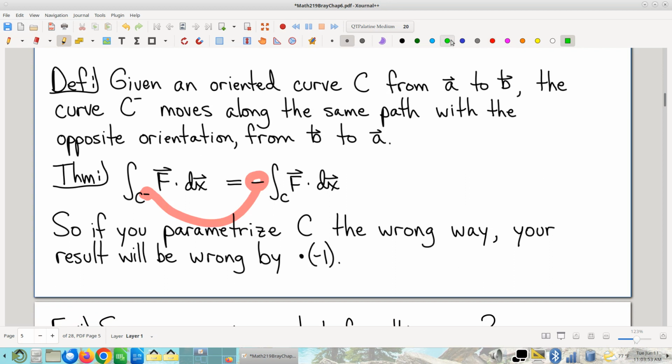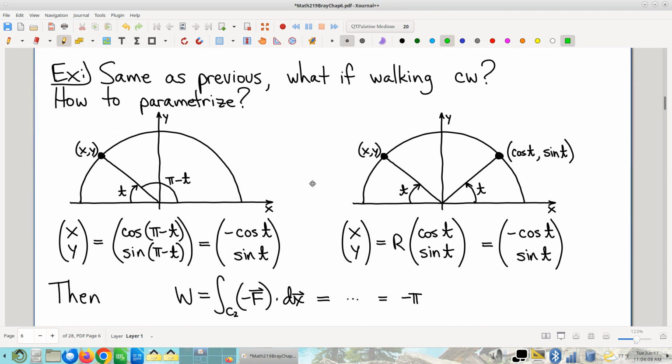Notice what that means then is that the thing that you actually wanted is easy to solve for. It's the negative of the integral you computed when you did it backwards. Right? So that's something to keep in mind. So let's see how that plays into the next example, picking up now with new material.